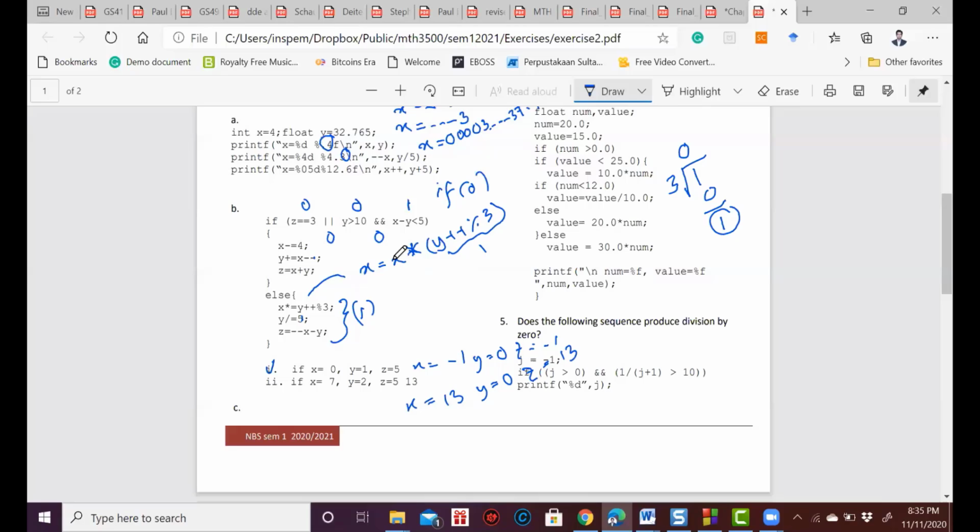X, what is x? 0. 0 times 1 is 0. X is 0.